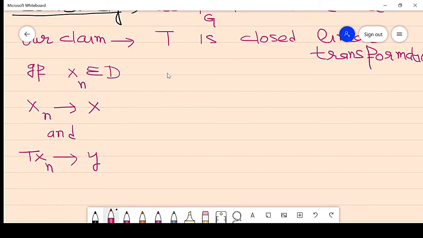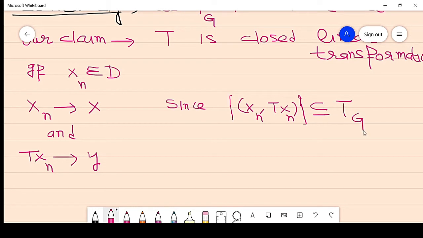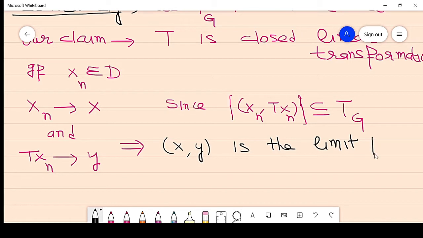So since this sequence (xn, Txn) is contained in T of G, it implies this (x, y) is a limit point, an adherent point, of Tg, right? So it is a limit point.